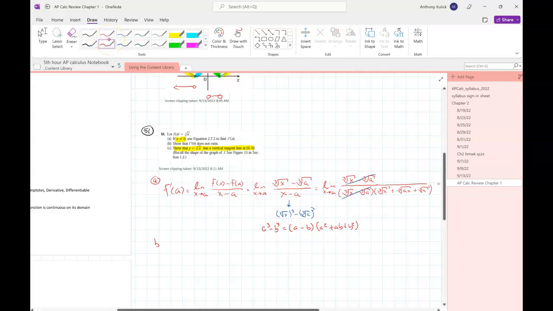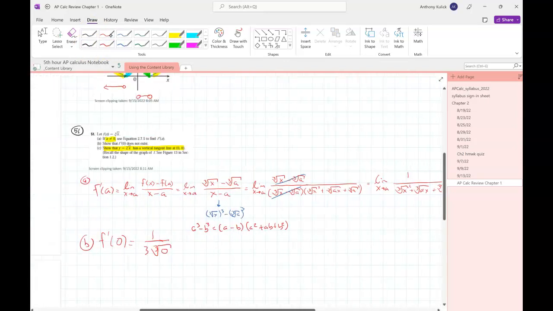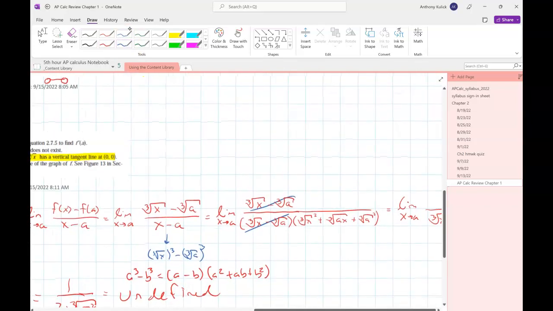In part B, it says, show that f prime of 0 does not exist. Oh, shoot, I forgot the squared on that A, right? A squared. It doesn't matter.